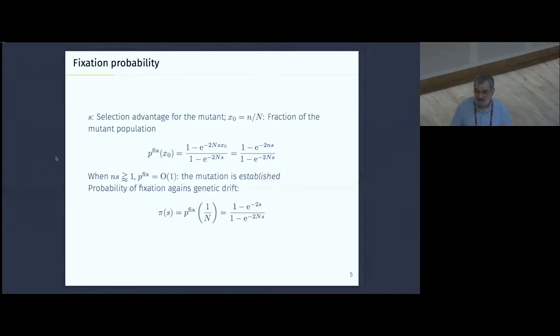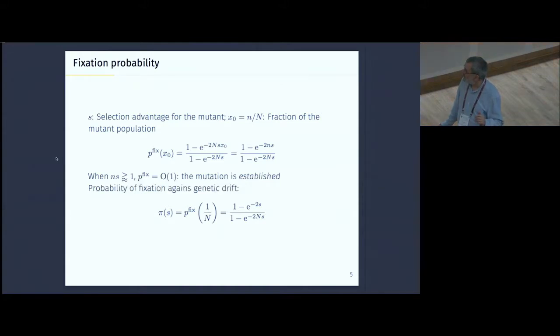variants. If s is large and positive, so that n times s is larger than 1, then essentially the probability of fixation is of the order of s itself. We are assuming that s is small and n times s is large, then as you expand this, you find that essentially you get only s.